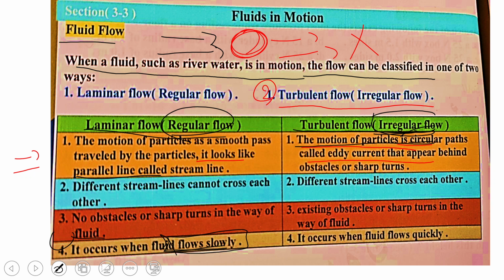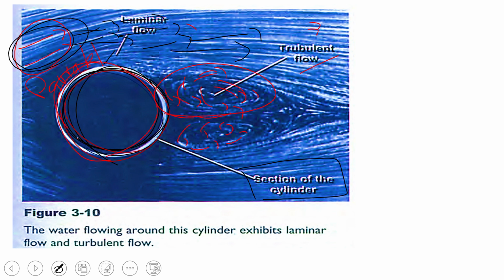What is the reason behind this? Why does it become a circular path? The thing behind this is an obstacle, meaning something comes on the way, or for example you are throwing something, like here we throw this section of the cylinder. That's why it becomes a circular path. Or for example, the water is moving in this direction and there's an object in here.